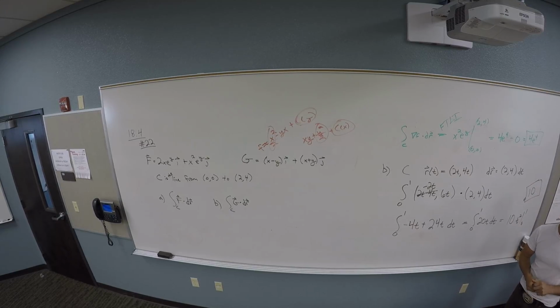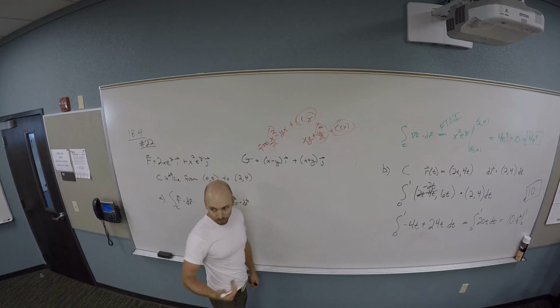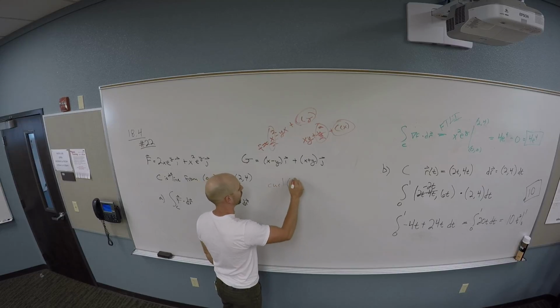And Green's theorem does not apply, because there's no area. Alright. Could we have taken the curl to see that it didn't equal 0? Definitely. So maybe that would be a good exercise. What's the curl of G?